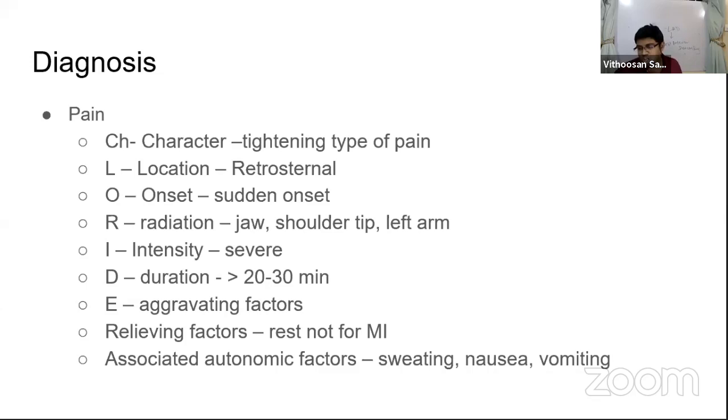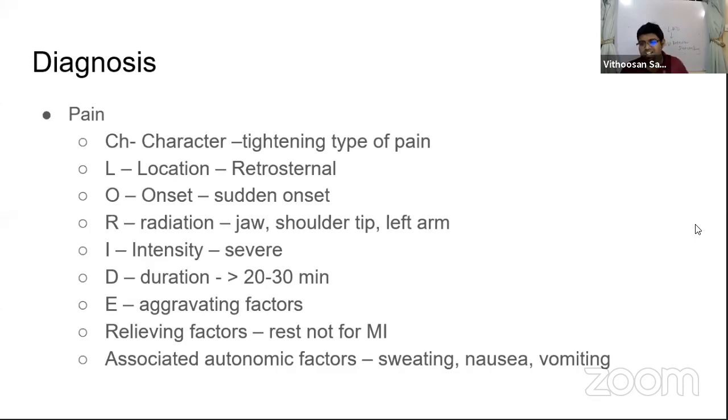Radiation. This pain will radiate to the jaw, shoulder tip, left arm. The message for you guys: sometimes we come across people where everything is not according to the textbook, so patients may not come with a classic pain.